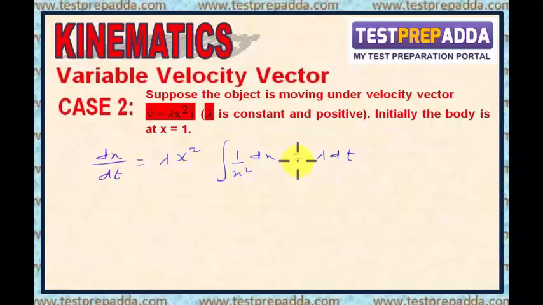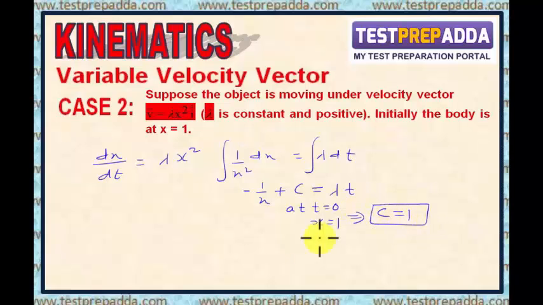Now if I integrate this, I'll get minus 1 by x plus c, a constant, when you integrate lambda dt, lambda t. Now what is given? At t is equal to 0, x is 1. So with the help of this, I'll get the value of c as 1. Got the idea? Now substitute this value here. So it will be minus 1 by x plus 1 is equal to lambda t.